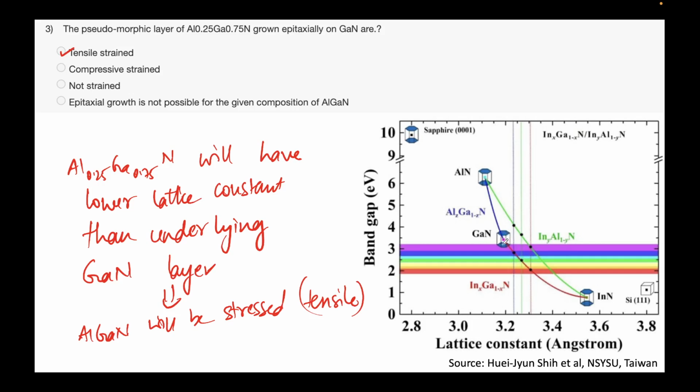So what will happen is that the GaN will try to squeeze it in order to bring it to its own lattice constant, and in that case this InGaN layer will be compressively stressed on GaN. Okay, so it's always important to state which layer is the top layer and on which layer it is being grown. Only then can you make a comparison of the stress, because essentially you are comparing the lattice constants of these different layers. Okay, please keep that in mind.